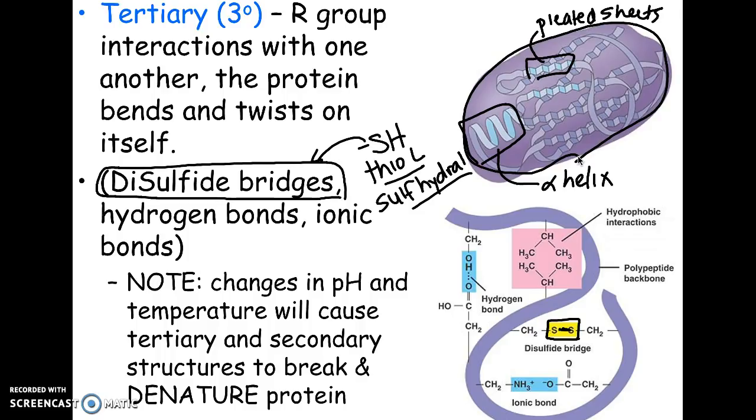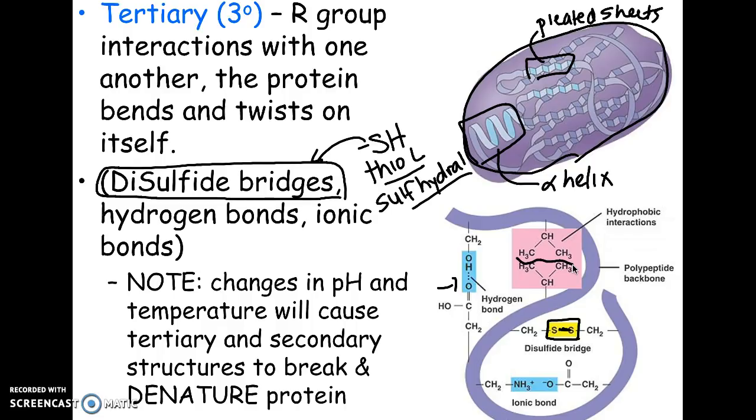I added a little note here that if you change the pH or you change the temperature, especially if you heat it up, like when somebody gets a really high fever, 106, 108, these are all very delicate. This folding, these hydrogen bonds, and these interactions. What will happen is the tertiary structure of a protein can start to unfold.